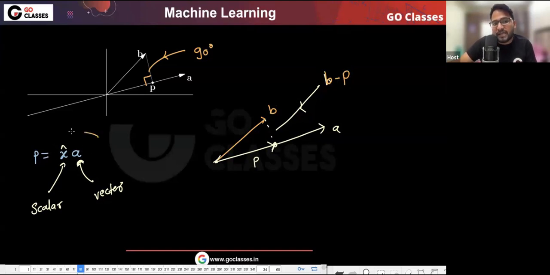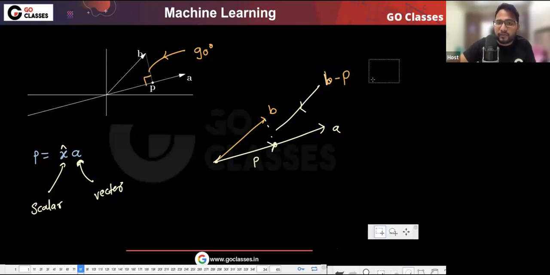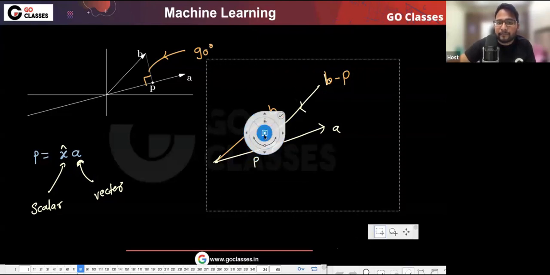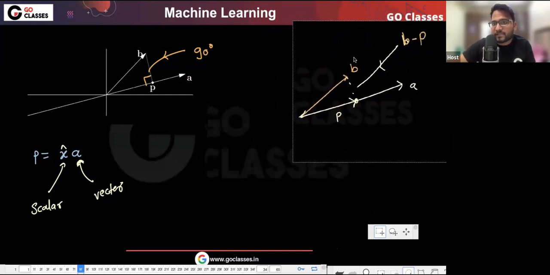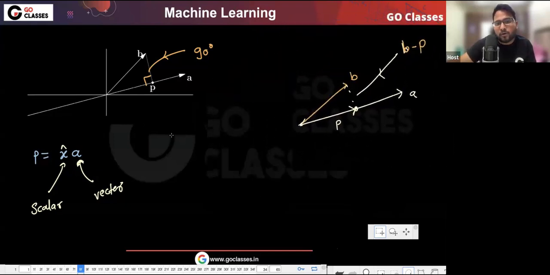Projection means this x cap a. Do you already have a? Yes, right. I mean, a is a vector on which we want to project. So a is definitely with us. What about x cap? x cap we want to find out. So what is our goal? Our goal is to find out x cap, right?